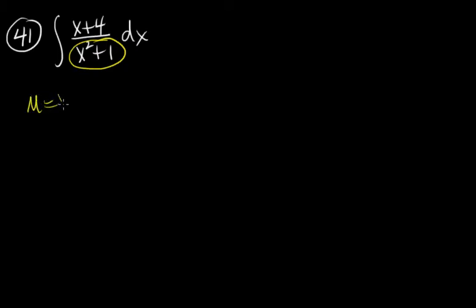So if u is equal to x squared plus 1, du is 2x dx. And there's no way that we can turn x plus 4 dx into 2x by multiplying by a constant.